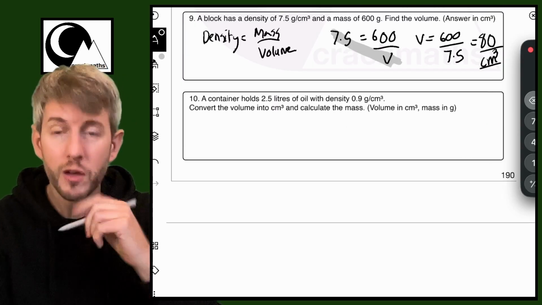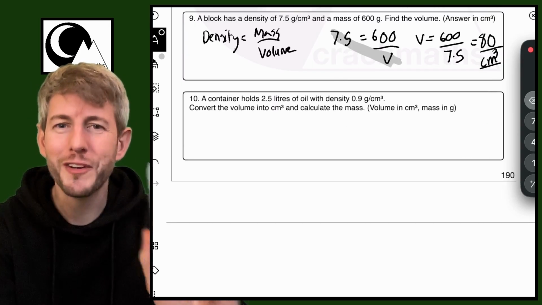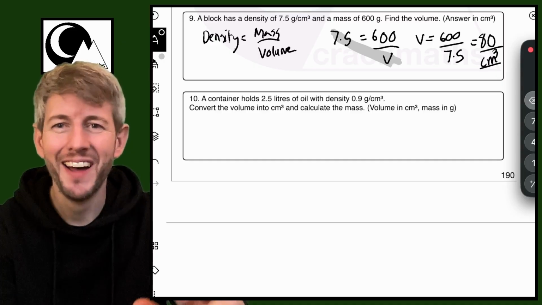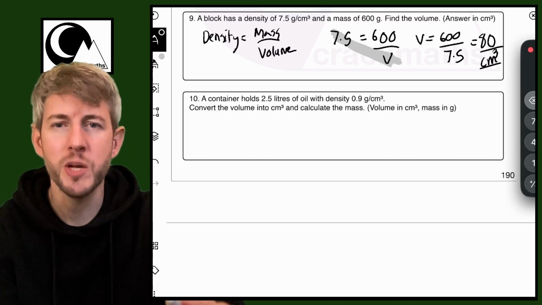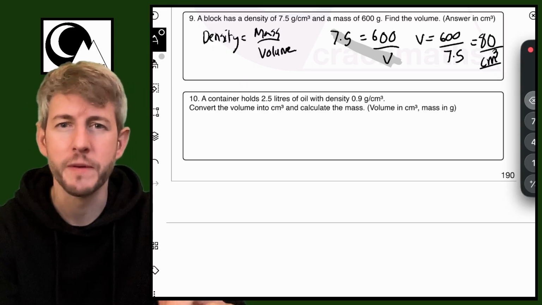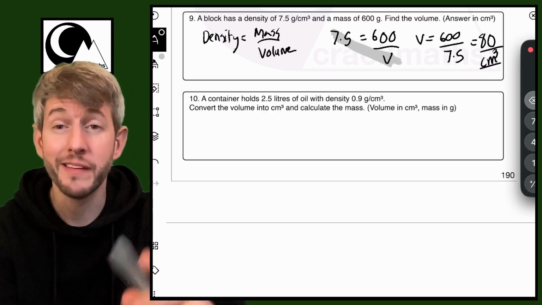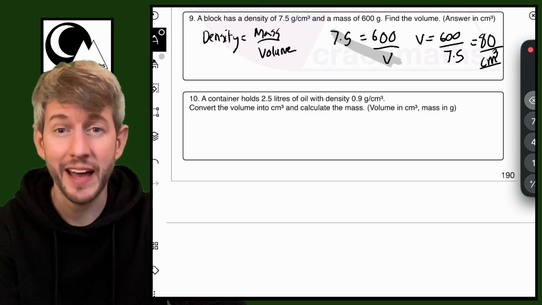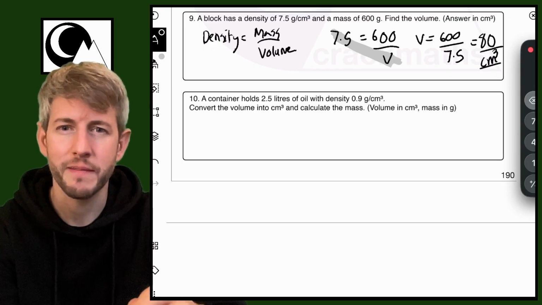Okay, so question 10 says, oh, we've got different units. A container holds 2.5 litres of oil with a density of 0.9 grams per centimetres cubed. Convert the volume into centimetres cubed and calculate the mass.